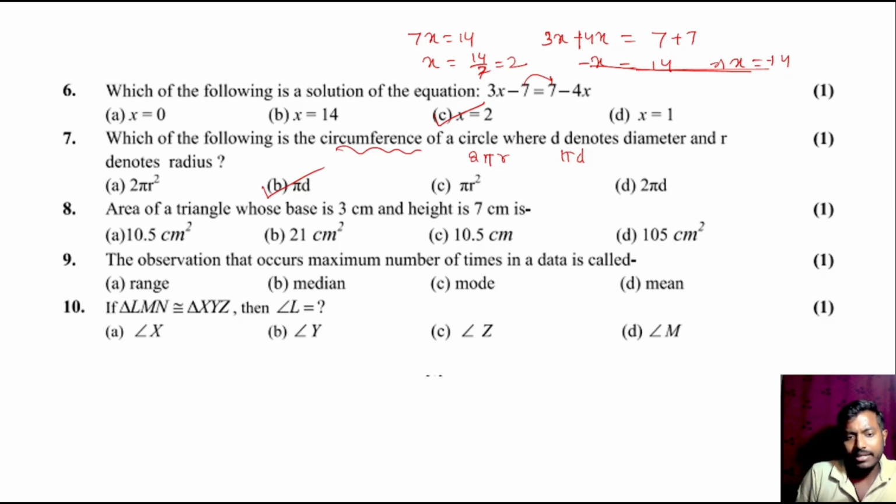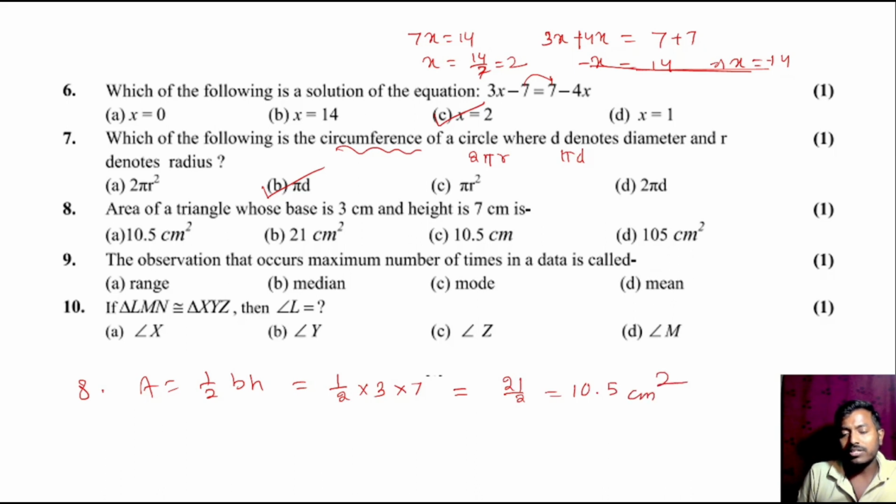We know that area of the triangle equals 1 by 2 base into height. So 1 by 2 into 3 into 7 is 21 divided by 2 equals 10.5 centimeter square, not centimeter. So the correct answer is 10.5 centimeter square.